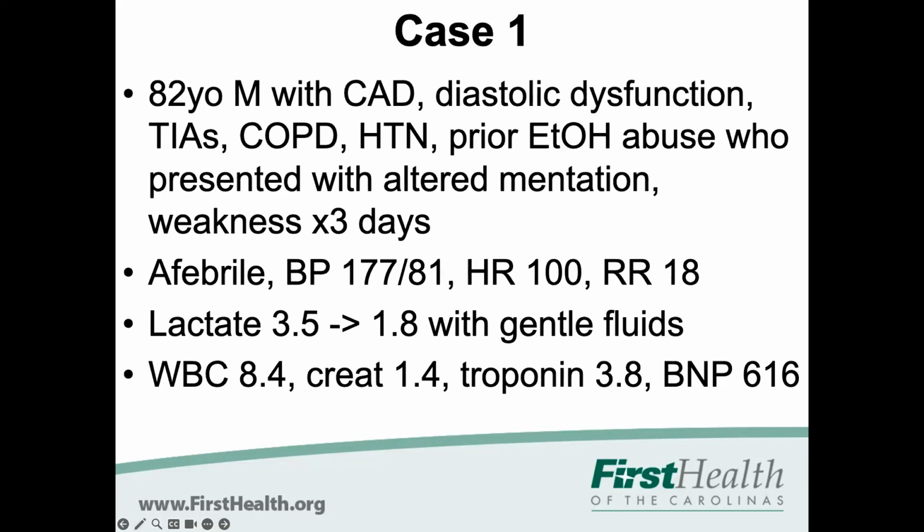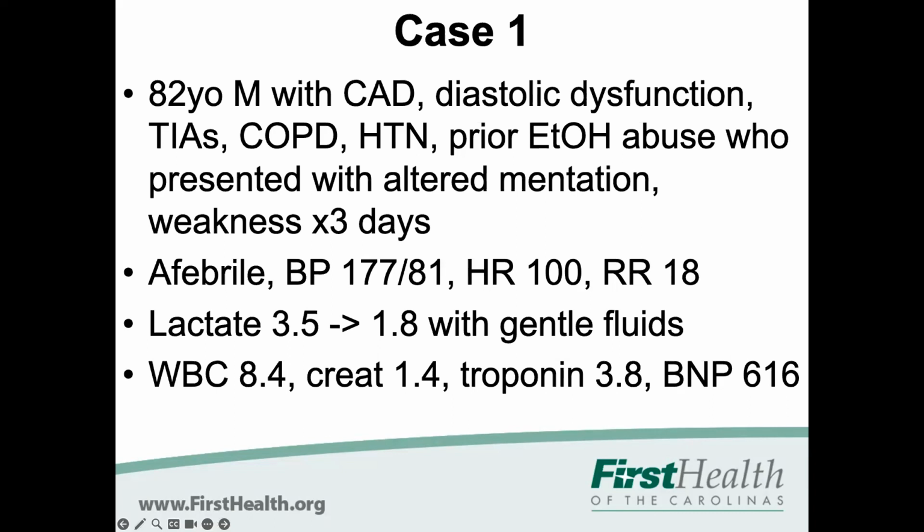So my first case is an 82-year-old gentleman with lots of heart and lung issues who presented with altered mentation and 3 days of weakness. By vitals, he was afebrile, hypertensive, heart rate was elevated, respiratory rate was not elevated, lactate, however, was elevated and improved over the course of a few hours with gentle fluids.